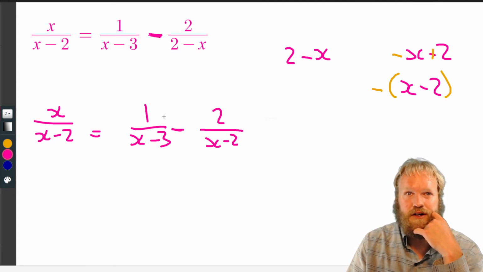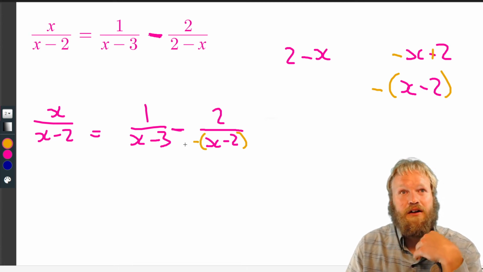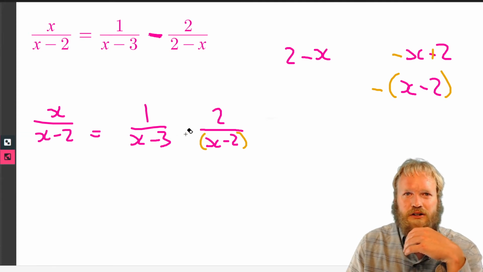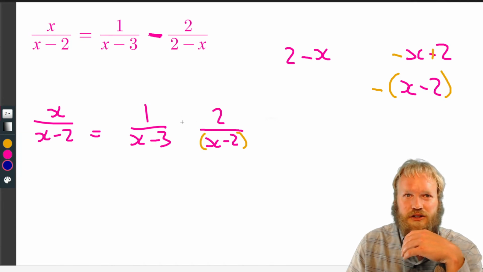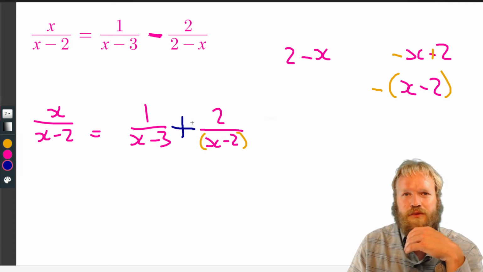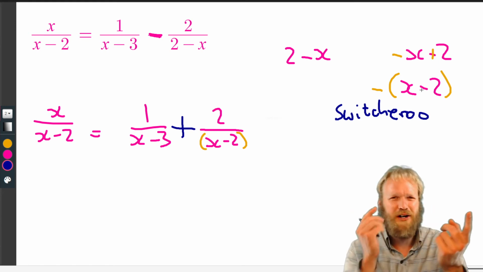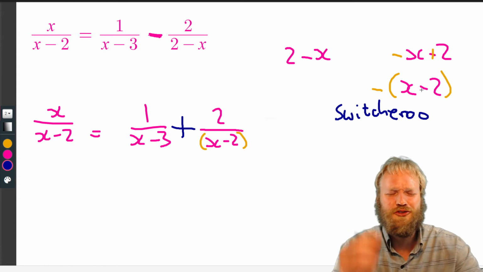Now we've got a negative here and a negative here. Negative times negative, well, that's just a positive, right? So we could write this as, in a different color so it sticks out, a positive. This little thing here, we can call a switcheroo, because it's like they've switched around. Maybe you remember that from last year, maybe not, but the switcheroo is so useful.